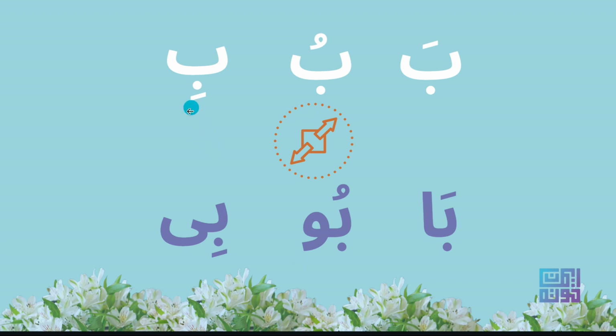And the same here with the kasra. The kasra letter is pronounced bi, short pronunciation. But if we find a ya sakina that has no movement attached to it, not even a sukoon sign, with a kasra letter before it, then we are going to extend the kasra pronunciation double the time. We are going to elongate the kasra.